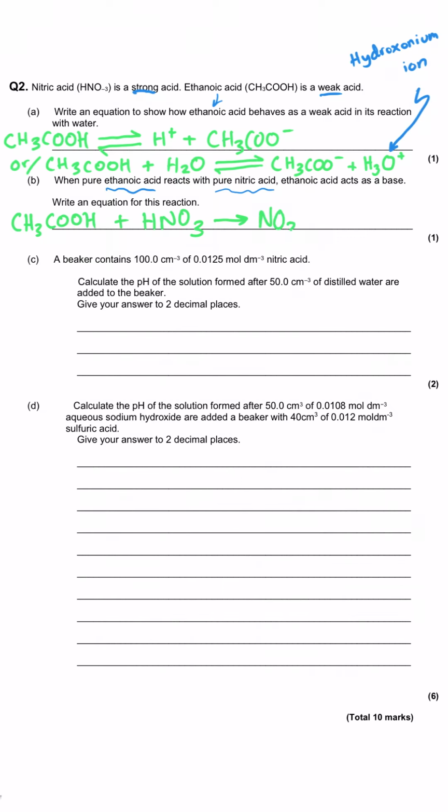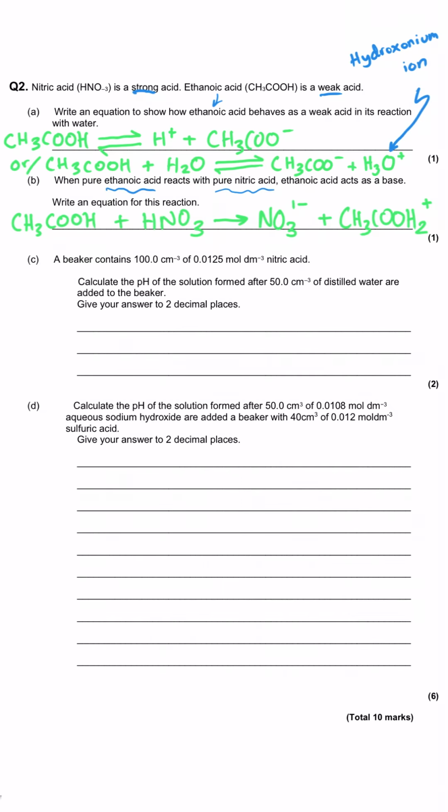So quite simply, the nitric acid needs to be rewritten without the hydrogen ion, and so this would now have a negative charge of 1 because it's donated its H+, and then the ethanoic acid would accept that proton, and so we rewrite that formula. It looks a little bit funny. We rewrite that formula as CH3COOH2. Obviously, that's now going to be positively charged because the proton has been gained by the ethanoic acid.